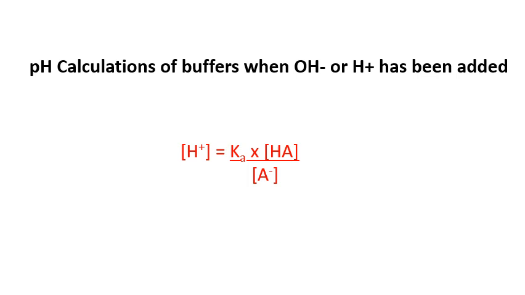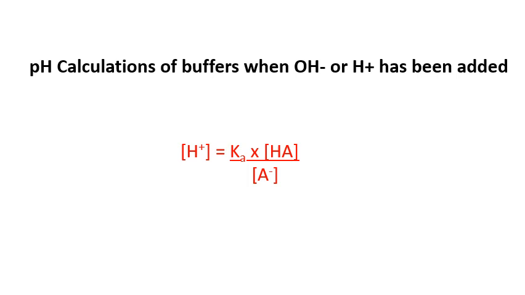That's because if we look at the red on the screen here, we'll likely be given Ka, so it's the HA concentration and A- concentration that we need to get H+, which we can then just minus log to get pH. So for both of these calculations, the point is we're trying to get the concentrations of HA and A- after the addition of this extra OH- or H+.